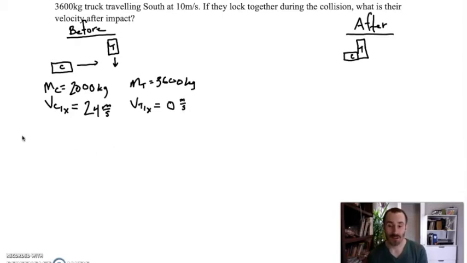The velocity of the car at the beginning in the Y direction, VC1Y, is 0 meters per second. It's not traveling in the Y direction at all. And the velocity of the truck at the beginning in the Y direction is 10 meters per second, and that'll be south.